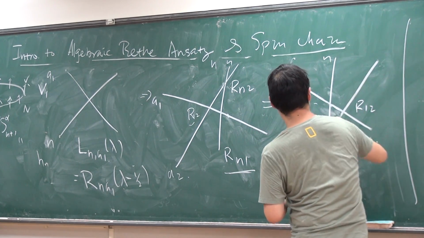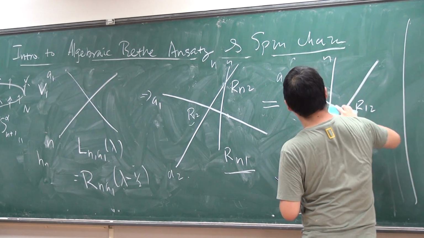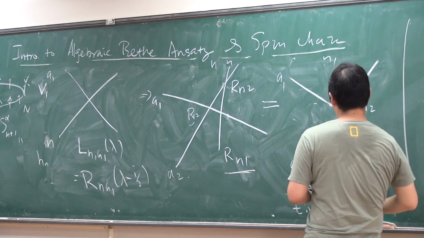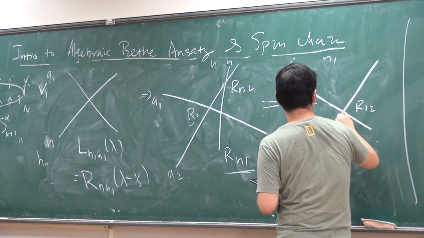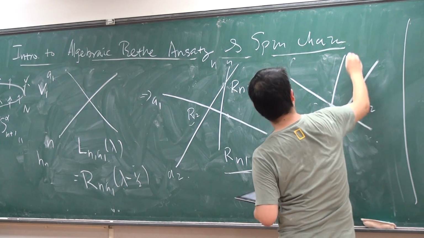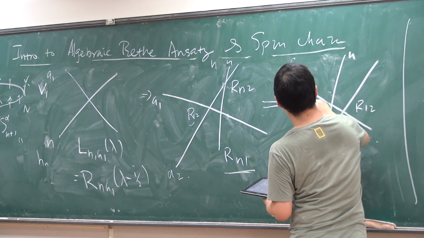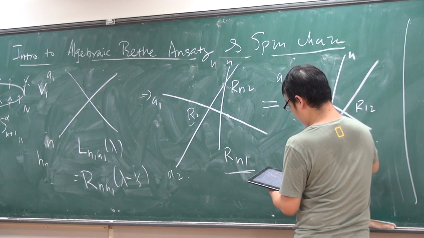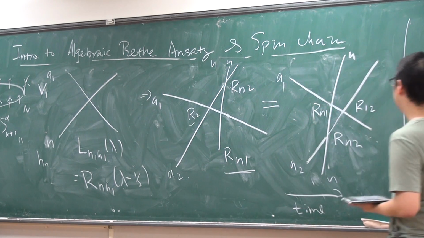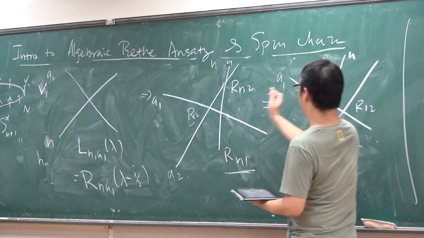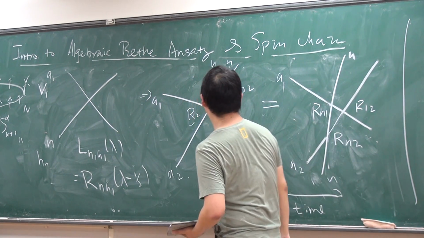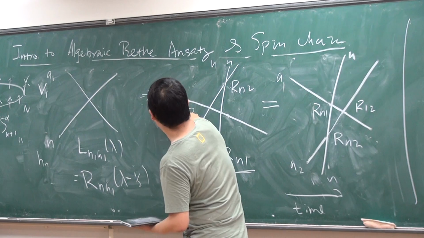Something like this. So this would be R_n1, and this would be R_n2, and this would be n. This has to be the same as if you move this n state towards the... before A1 and A2 exchange.